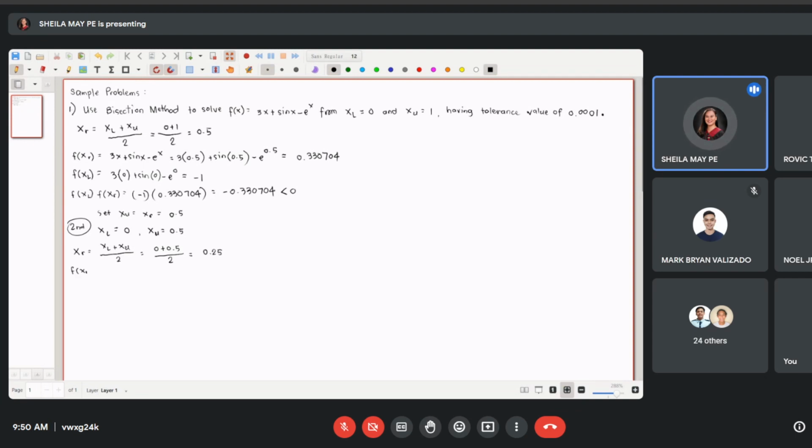So the function of x sub r is 3 times 0.25 plus sine of 0.25 minus e raised to the power of 0.25, which is negative 0.286621.